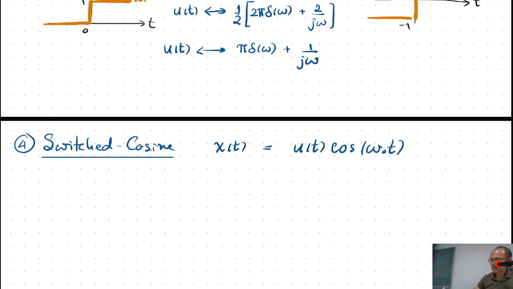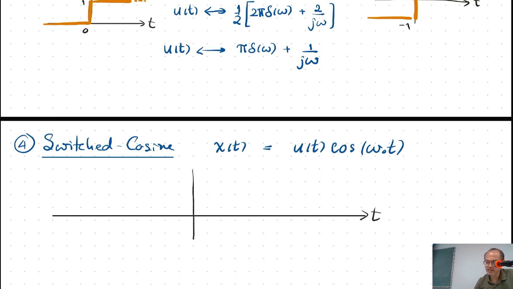So it's kind of like a sinusoidal signal that is switched on at time zero. Okay, so if you try to plot this signal with respect to time, we're going to get a cosine function starting at time zero here.